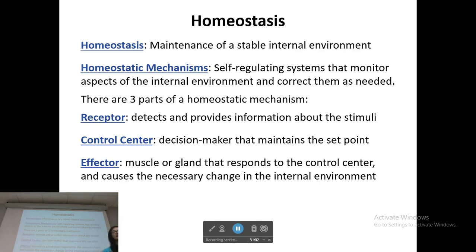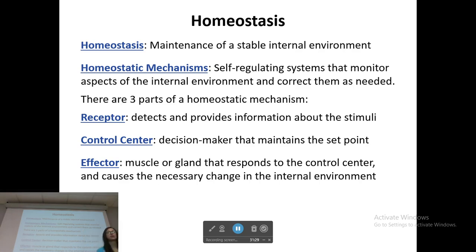The homeostatic mechanisms are how your body maintains homeostasis. So it's systems for that. And each one has three parts. You have a receptor, a control center, and an effector. Okay? The receptor is what's going to detect the change. So there will be a change within the body. Let's say your blood pressure, for instance.